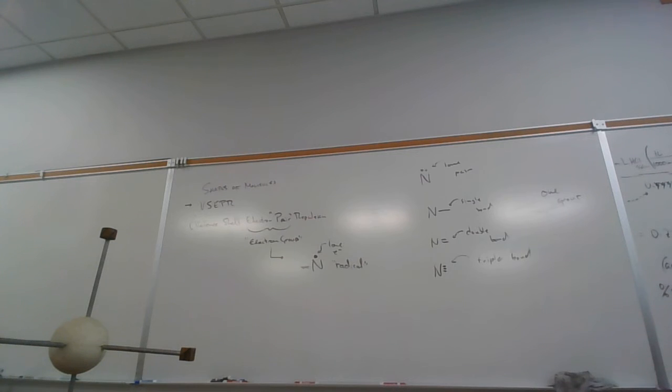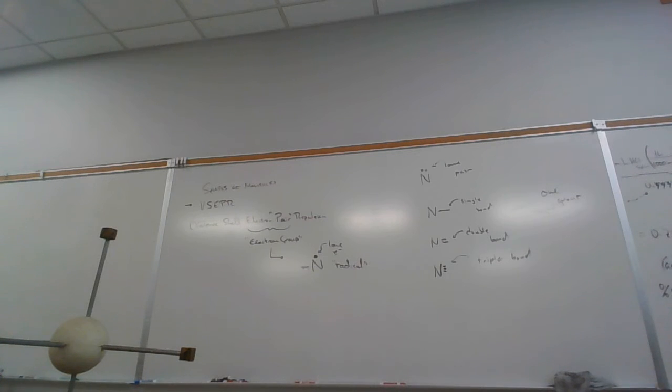If I have three groups, then I'll have to squeeze a third group in here and then spread things out as much as possible. That's going to be 120 degrees in a flat plane. If I have four groups, then it adopts more of a three-dimensional rather than two-dimensional structure, like these two here. This three-dimensional, the fourth group is going to push these three down. So this is kind of like a tripod. Well, all these are the same.